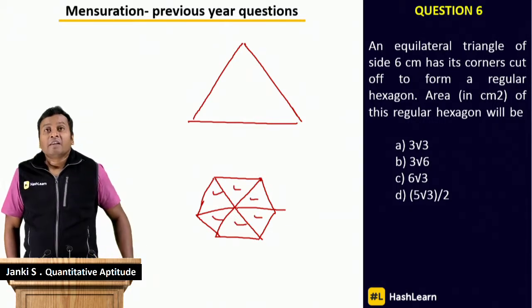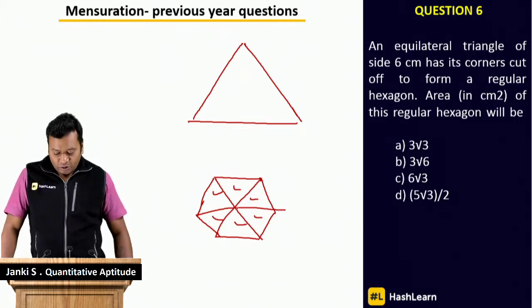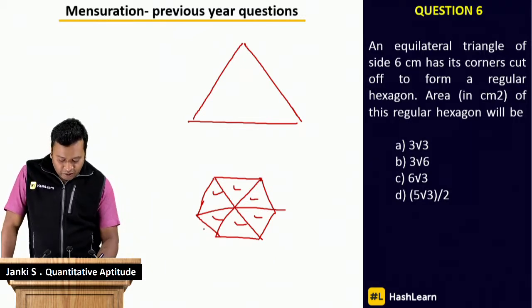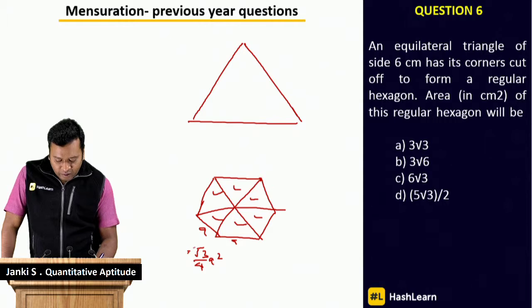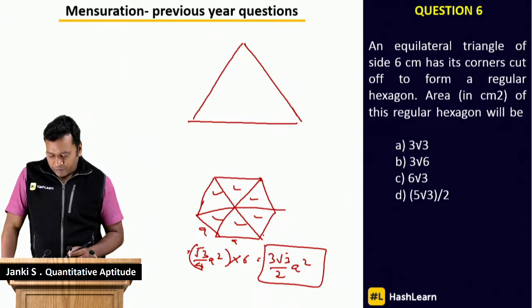Or else we can say the summation of these 6 equilateral triangles is equal to the area of the regular polygon. That represents, suppose if this is a, the area of an equilateral triangle is root 3 by 4 a square, into 6 will be the area of the regular polygon. So I can say 3 root 3 by 2 a square is the area of the regular polygon here, right?